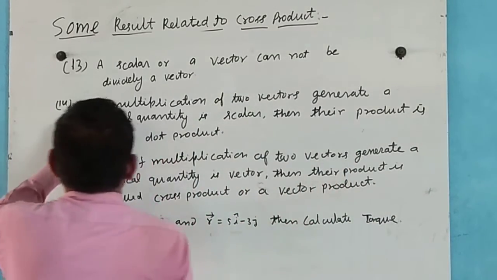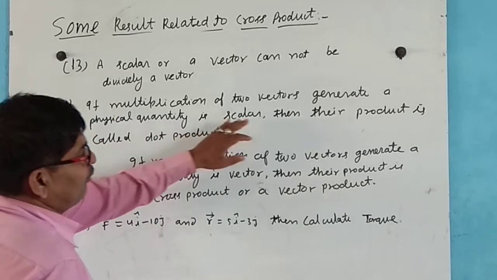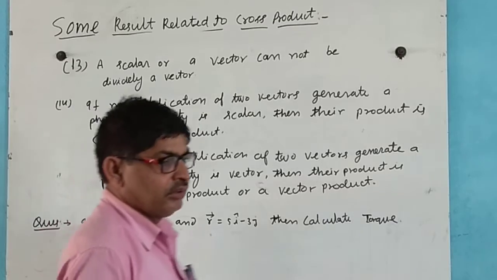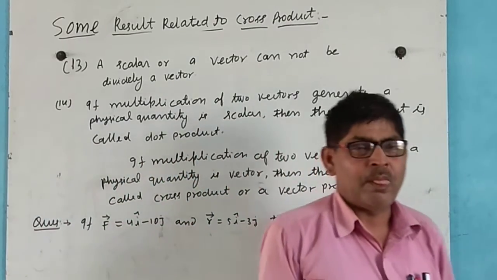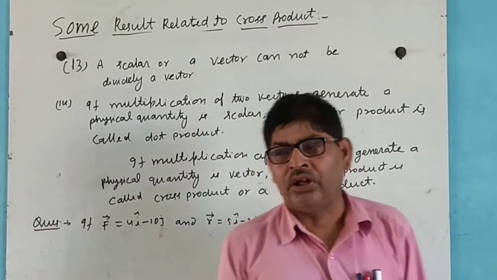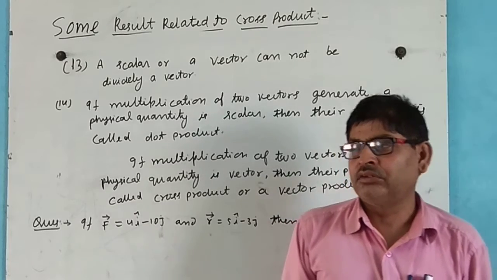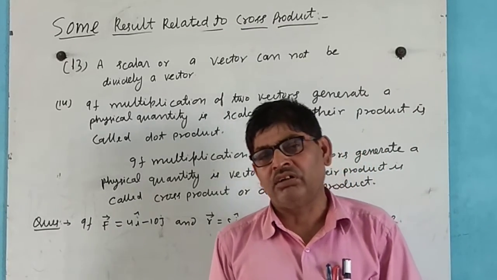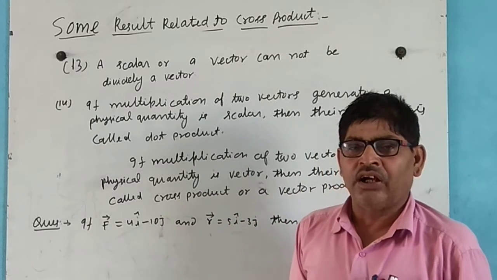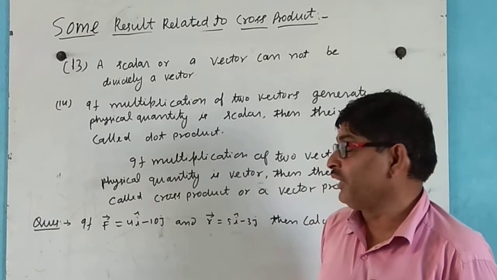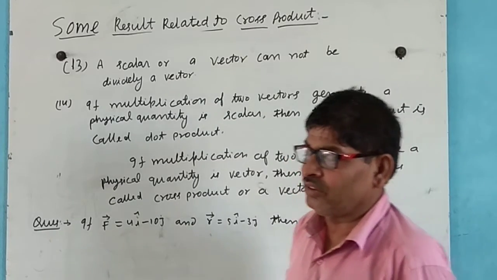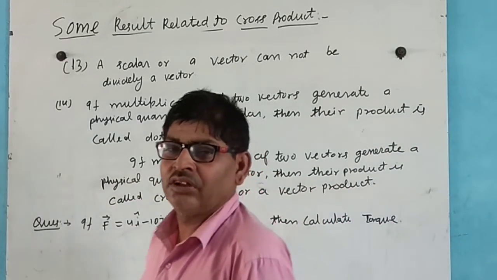The multiplication of two vectors may generate a physical quantity that is a scalar; then the product is called the scalar product of two vectors, known as the dot product.